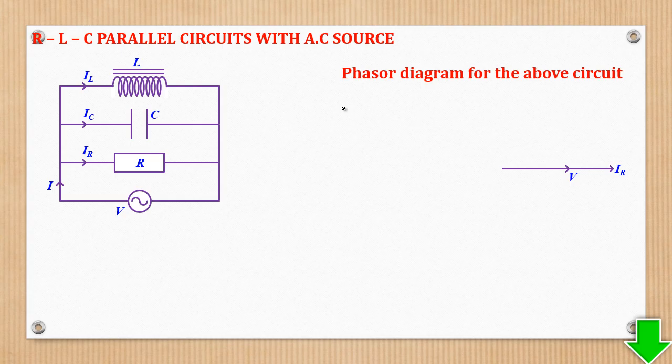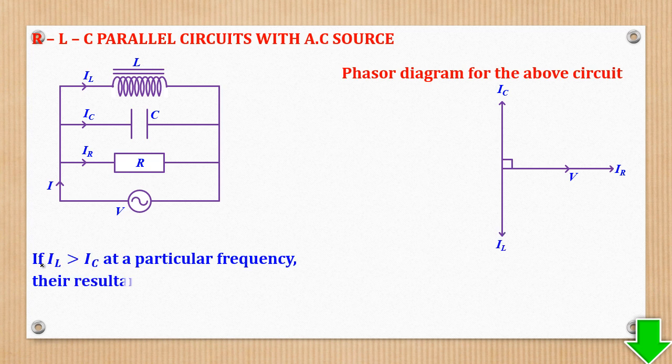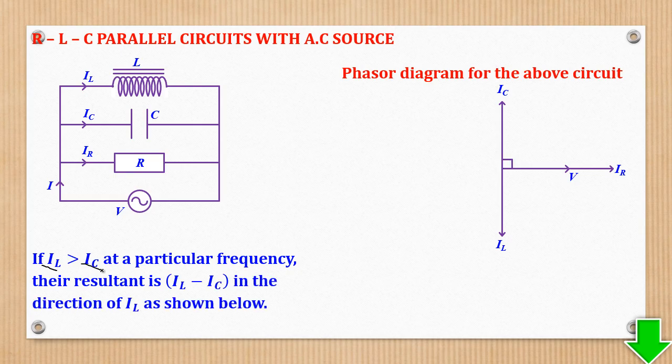That is the current in the resistor and voltage. Then this is the current in the capacitor and current in the inductor. So if we consider current through the inductor to be greater than current through the capacitor, then the resultant will be IL minus IC, therefore to be downward. So you can now redraw the one which can help us to easily get the resultant current or the total current.